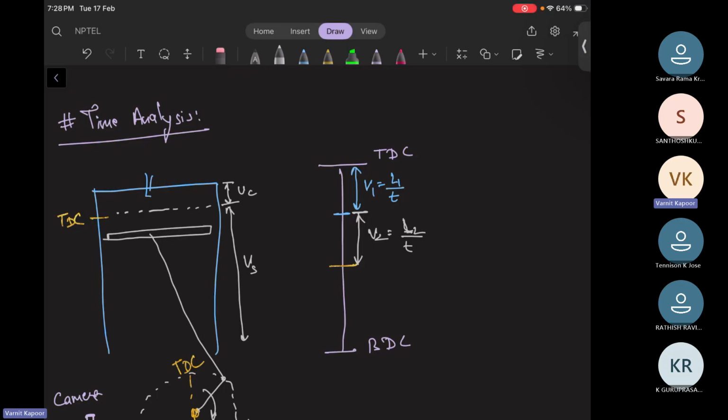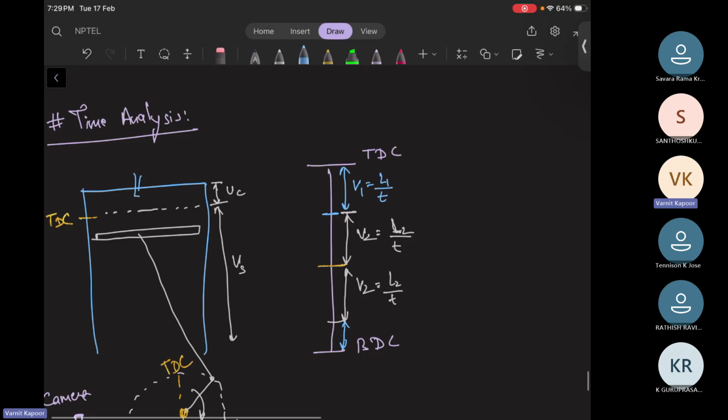The same cycle repeats from midway to the bottom dead center: the velocity remains V2, L2 by t, and finally the piston slows as it approaches the bottom dead center, and V1 will be the same, L1 by t. And why am I saying that V2 will be higher than V1? V2 will be higher than V1.